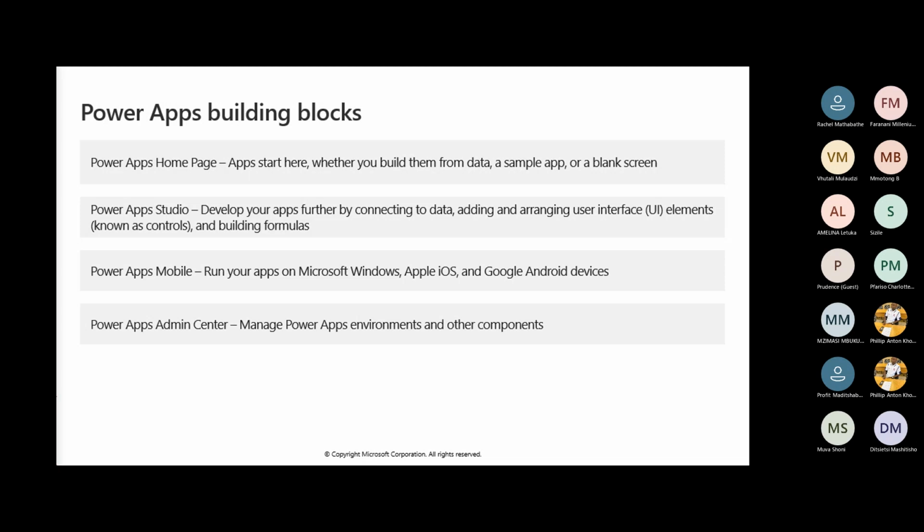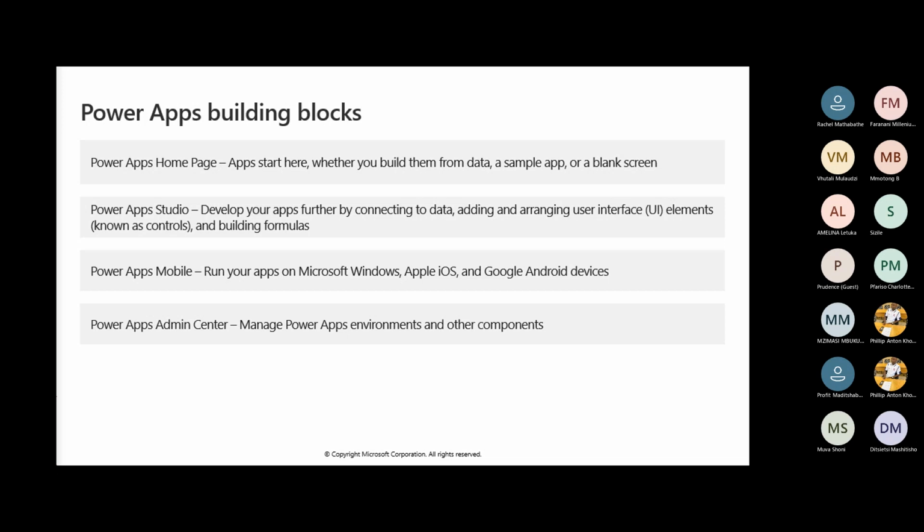Okay, and then now we are looking at Power Apps building blocks. We have the Power Apps homepage. Your app would start there. Whether you want to build from data or a sample app or a blank screen, you would choose. And then you also have Power Apps Studio. This is where you develop your app further, by connecting to data, adding and arranging user interface elements, which are known as controls, and building formulas.